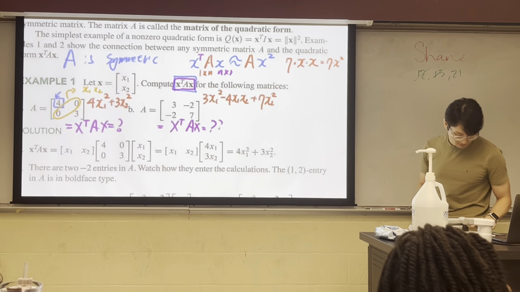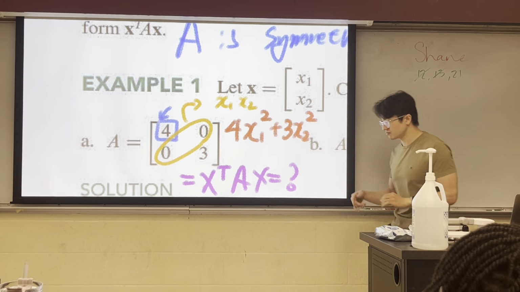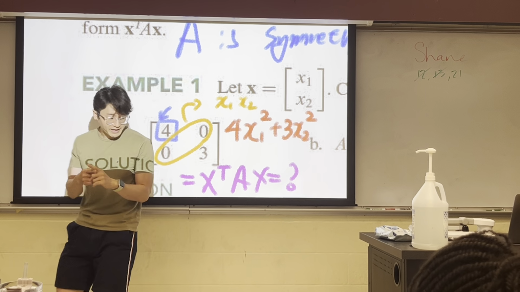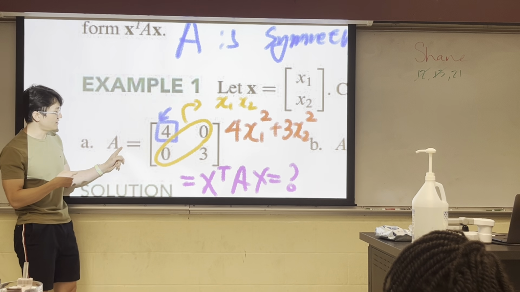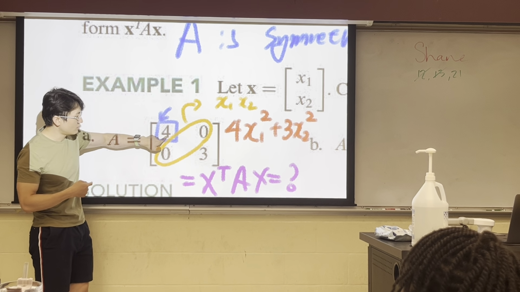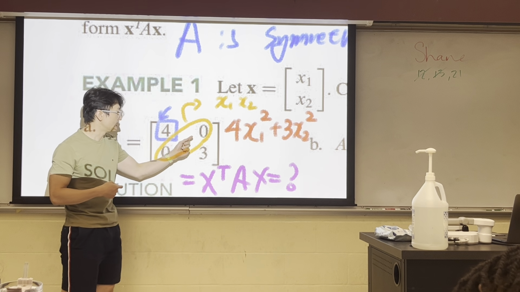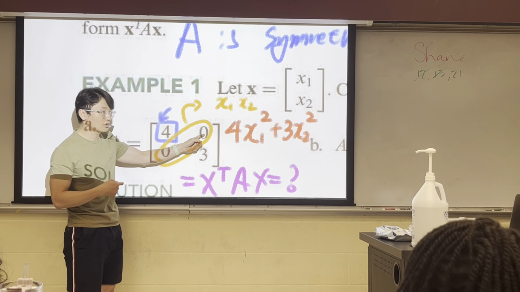Just quickly review: if I multiply x transpose A x, then we get 4 times x1 times x1, then 0 times x1 times x2.